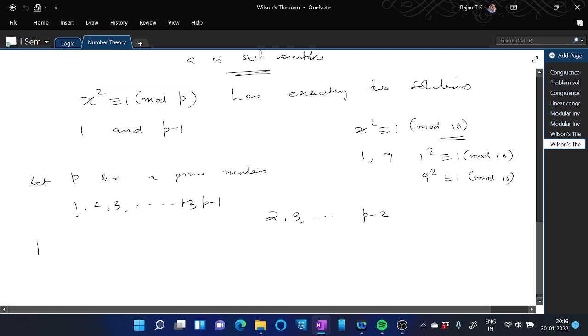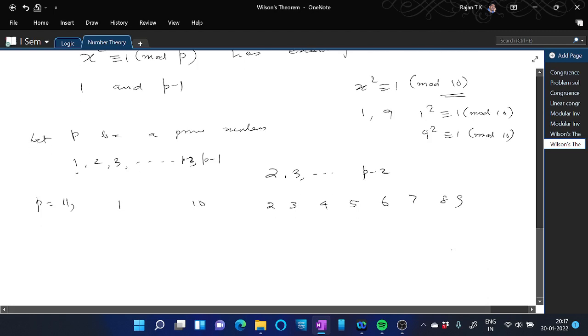For example, if you take p equal to say 11, then 1 and 10 are self-invertible and the other residues of modulo 11 are 2, 3, 4, 5, 6, 7, 8, 9.